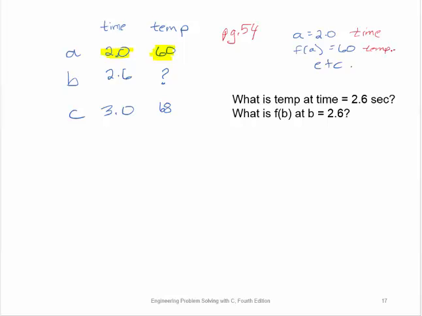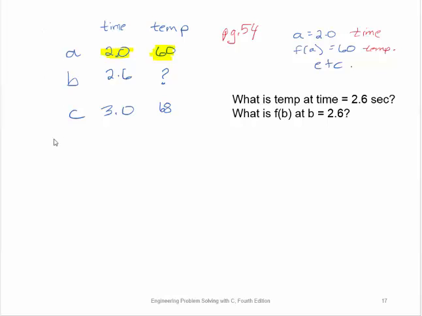F of anything, f of A, f of B, f of C, is temperature. And so the question is, what is the temperature at time equals 2.6 seconds? Or in other words, in the equation that your book gives you, what is f of B at B equals 2.6 seconds? So let's go back and we'll do that problem.